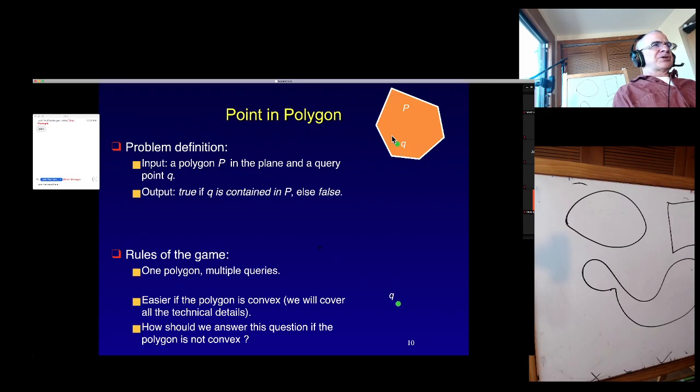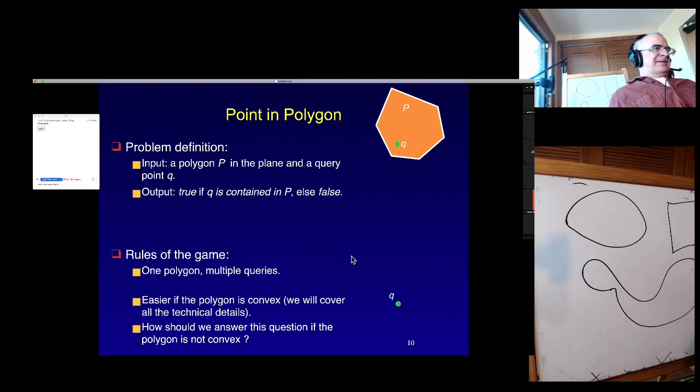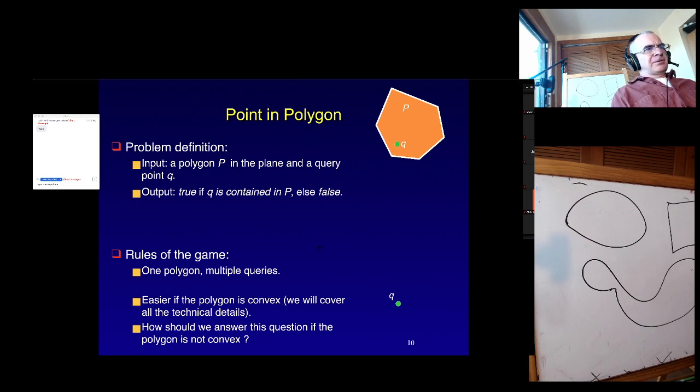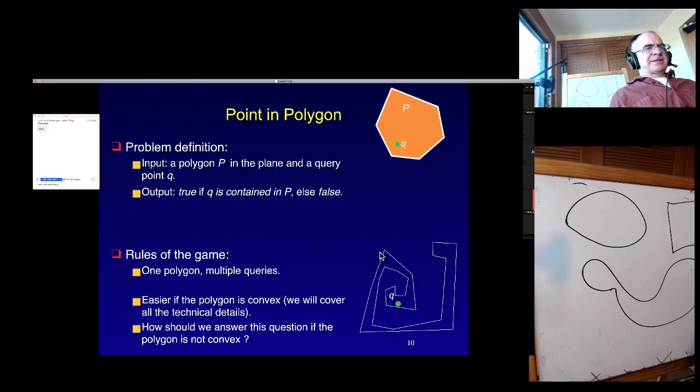But a much cuter question is, what should I do if the polygon is not convex? Convex, as I said, we'll go back to it, but here is P, and I was a bit in a hurry. I could have drawn the polygon P, which is not convex.